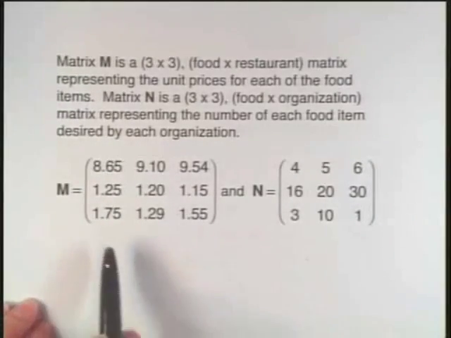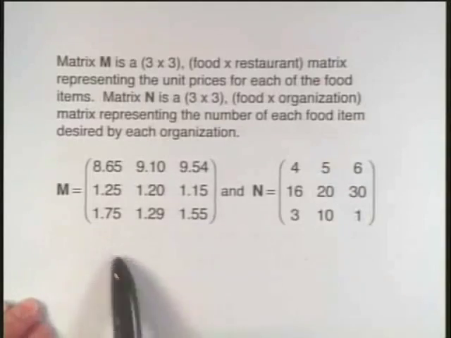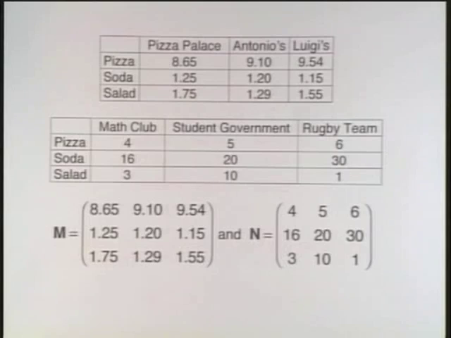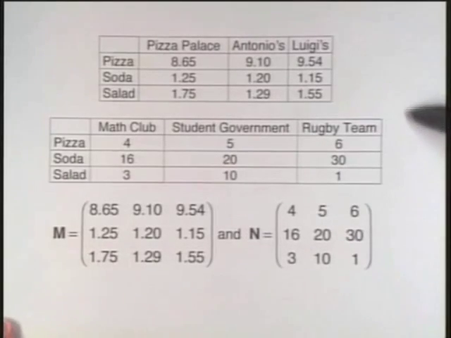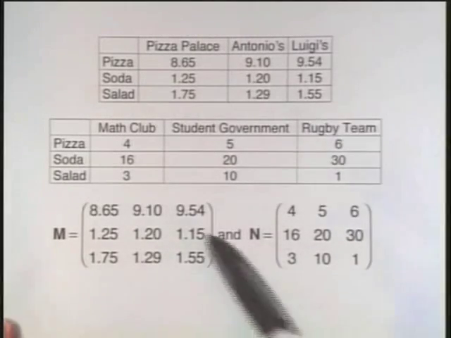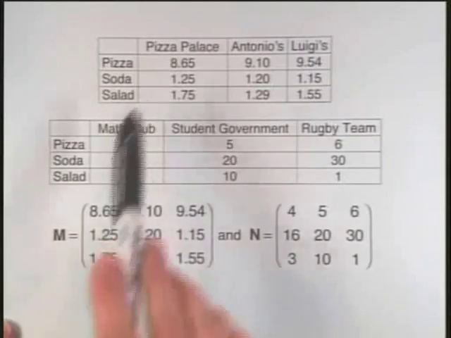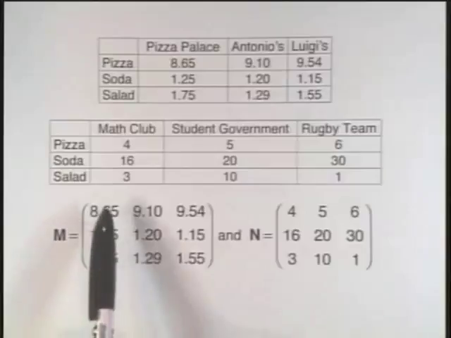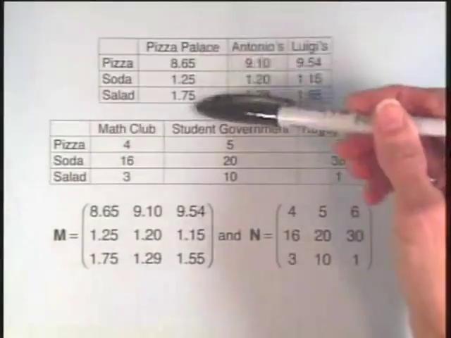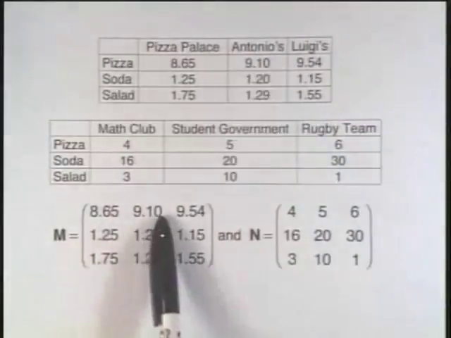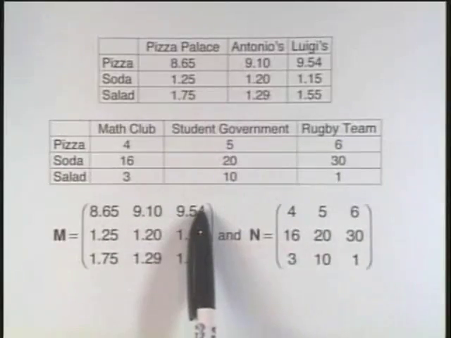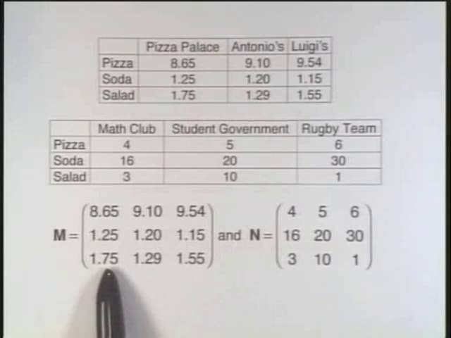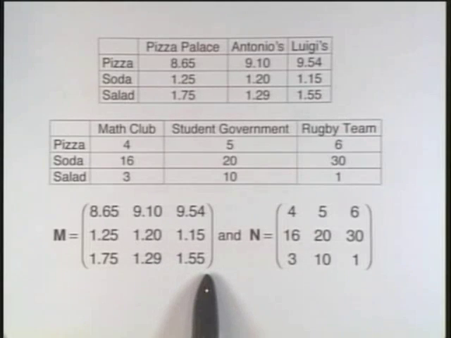You can see that without labels, it can be a little confusing to figure out how to work these. So let's look back at the original tables. Matrix M has rows labeled by food: pizza from the Pizza Palace, from Antonio's, and from Luigi's, soda from each of those locations, and salad from each of those locations.